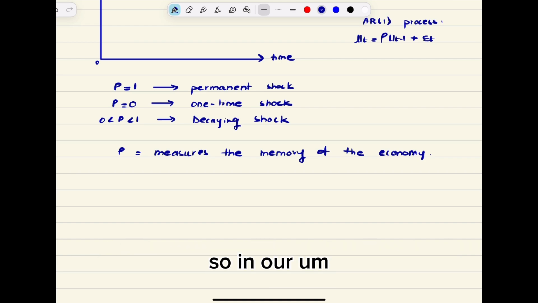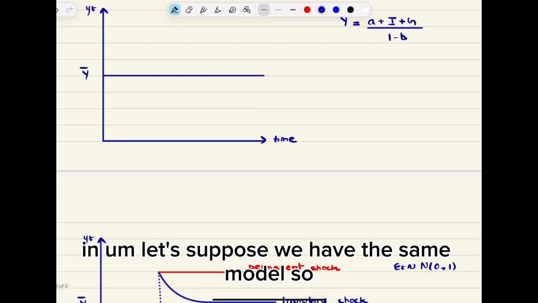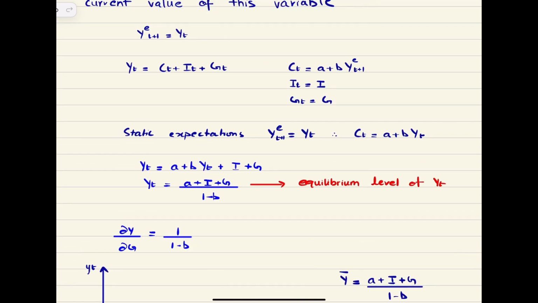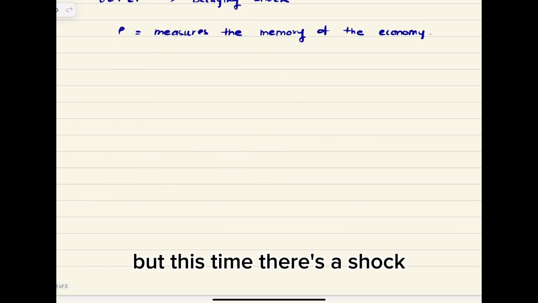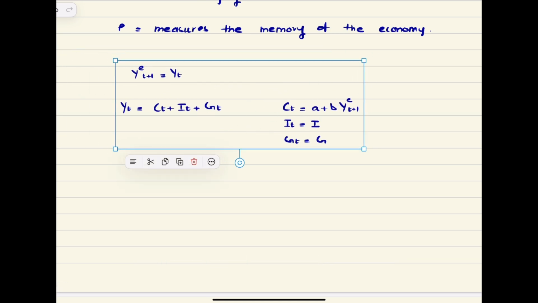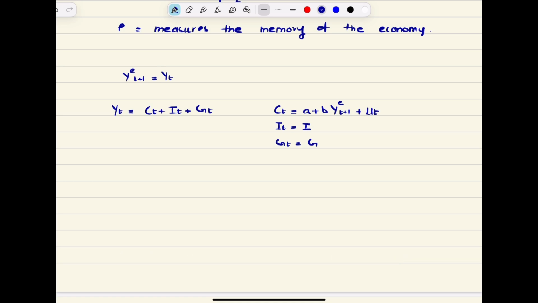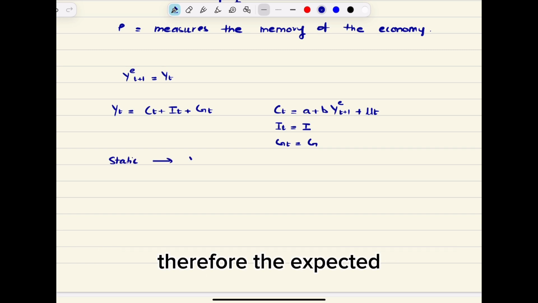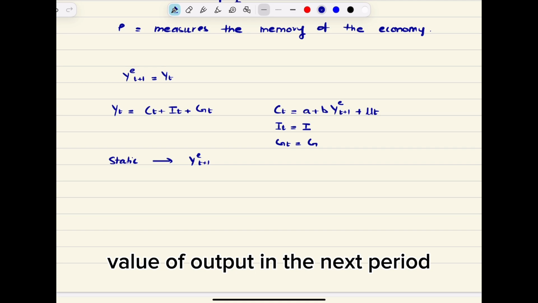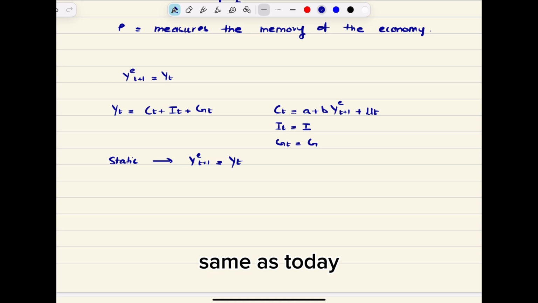So in our model, let's suppose we have the same model, but this time there's a shock term which enters the consumption function. We solve it since we're still doing static expectations. Therefore, the expected value of output in the next period is still going to be equal to yt, same as today.